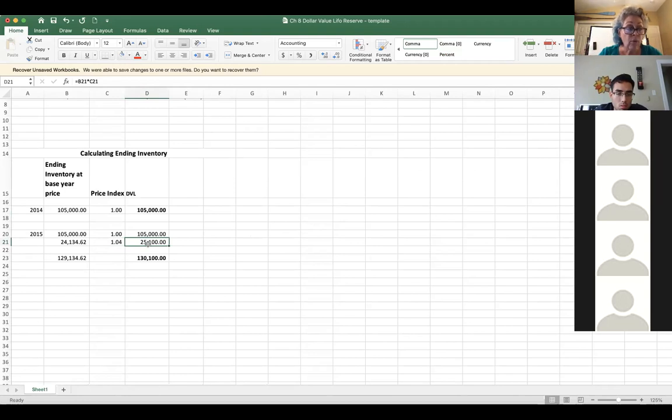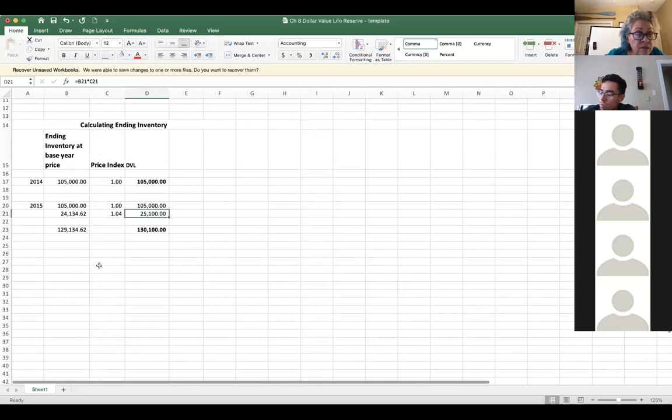Now, this was the layer that I added at quantity. Now I want to know what is that quantity at this year's price that I purchased it at. Remember, instead of a per unit, we're dealing with a price index. So now I have inflated that. So the 25,100 represents the quantity that I added at the current year price. That makes sense. Okay, good.